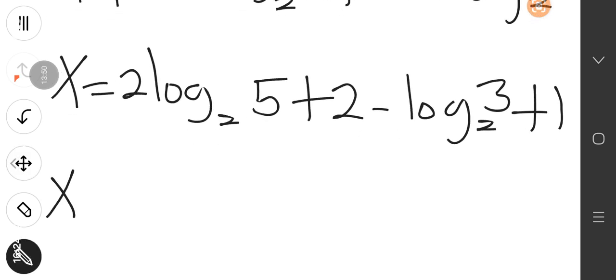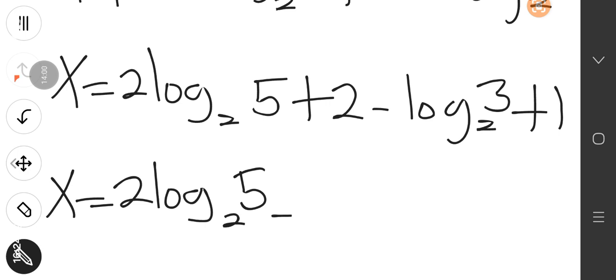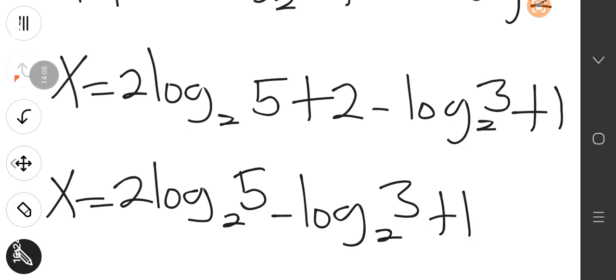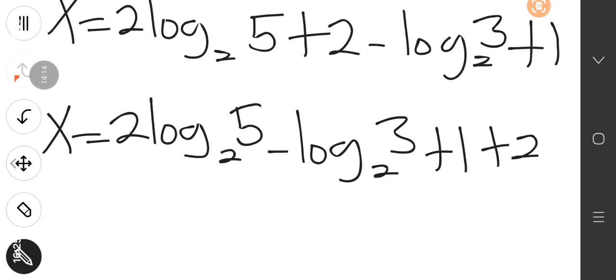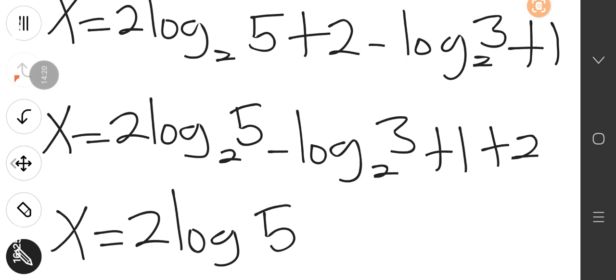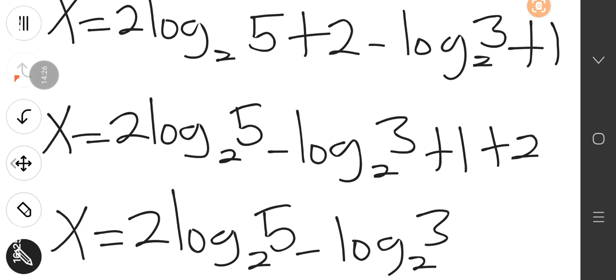We're going to have x equals 2 log 5 base 2 minus log 3 base 2 plus 1 plus 2. So we're going to have x equals 2 log 5 base 2 minus log 3 base 2 plus 3. This is our final answer.